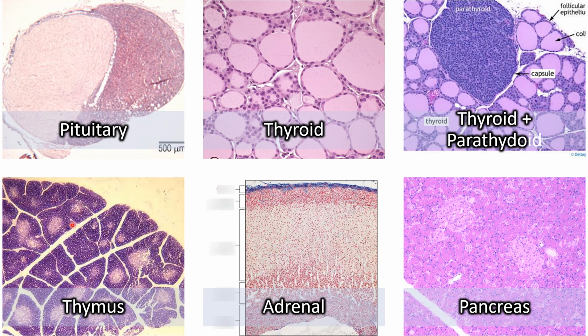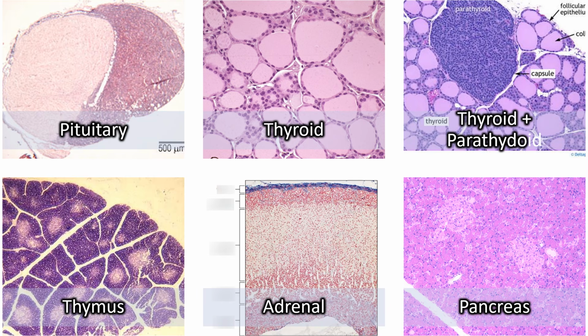The thymus has the individual sections called follicles with the cortex and medulla. Adrenal glands has the more subtle layers and more numerous layers compared to the pituitary. And the pancreas has cellular islands. Don't confuse them with the thyroid, which has these smooth pink islands.